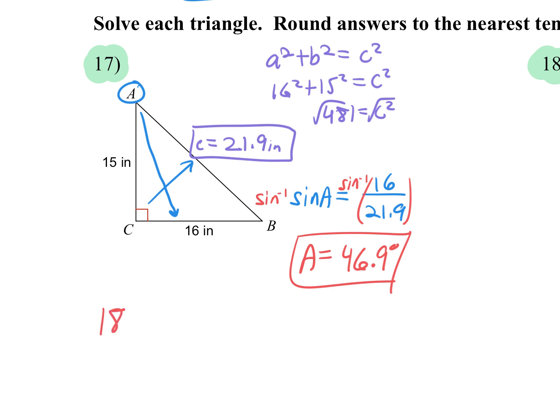Nice, right? So you're going to do 180 minus 90 minus 46.9 to get the last angle. And this should get you 43.1 is angle B, capital B.